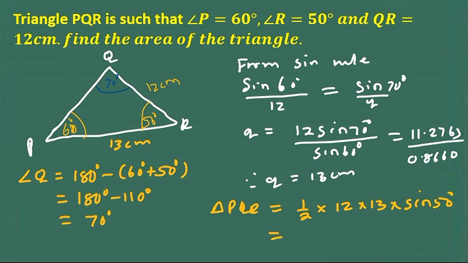So this is going to give us, 2 is gone, and here is 6. 6 times 13 will give us 78. So we are going to have this to be 78 sine 50 degrees. If you punch this in your calculator, we are going to have this to be 59.75 centimeters square.